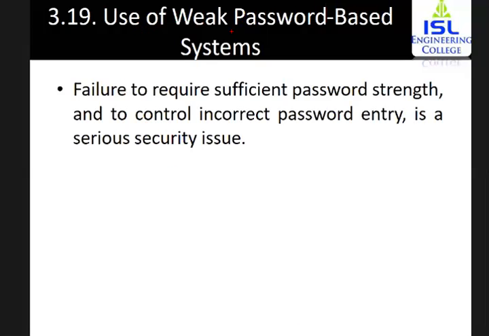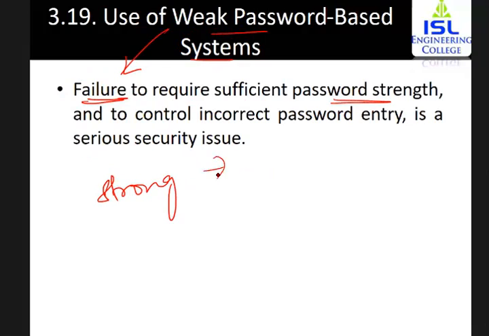The 19th one is use of weak password based systems. Now whenever you're providing password protection to a particular file, or whenever you're giving a password to any account, any social media account, you need to make use of strong passwords rather than weak passwords. If you make use of a weak password, it is going to be a failure upon the password strength.